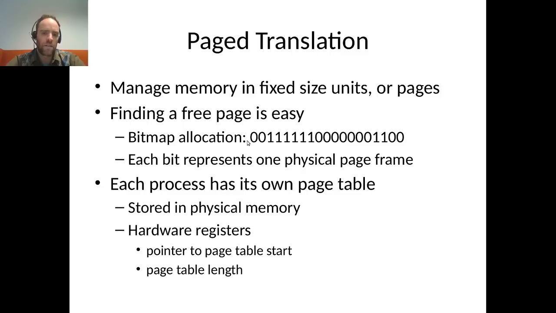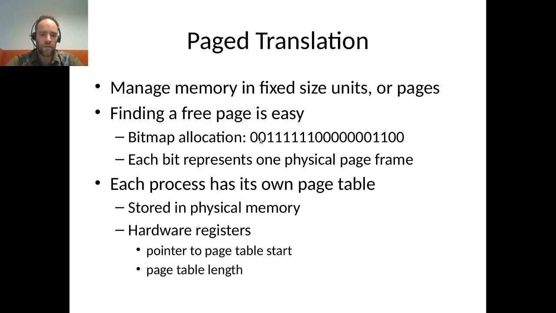We would start scanning at the beginning of our page table, and we would see here, okay, this is unused. A 1 represents used, 0 represents unused. So we immediately see that this is a free page, and we can allocate that to, for example, a new process. Then we might need 4 pages, so we could allocate these 2, and then these next 2 that come later. Each bit here represents one physical page frame.